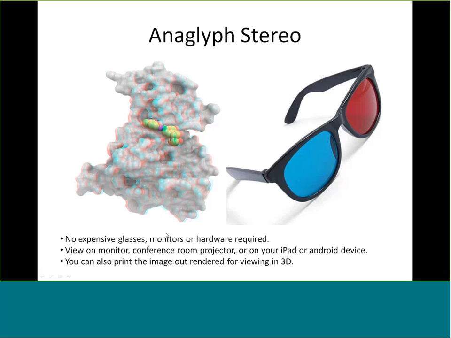You no longer need expensive monitors or hardware. You can view these directly on your monitor, or you can project in stereo. If other people in your group have these glasses, they can view from a projector. You can also display stereo on your iPad or Android device, and these images can be written out as an image and printed.